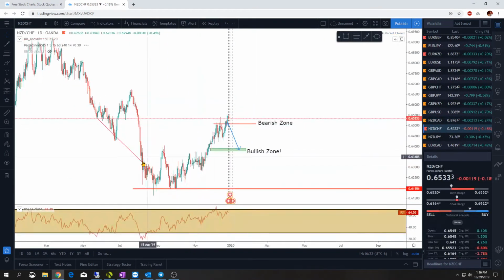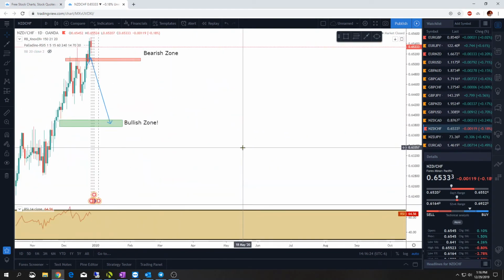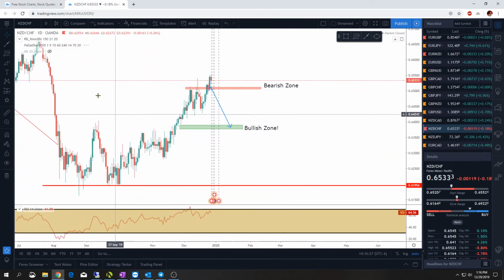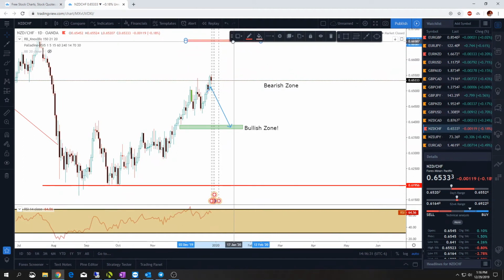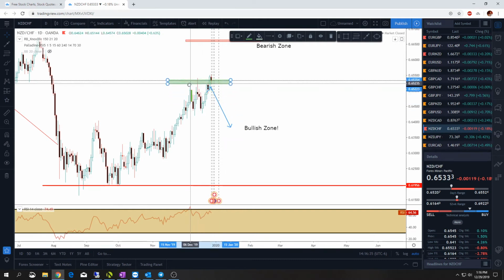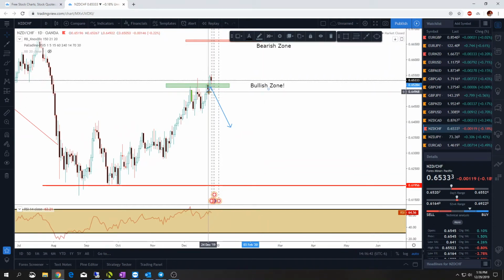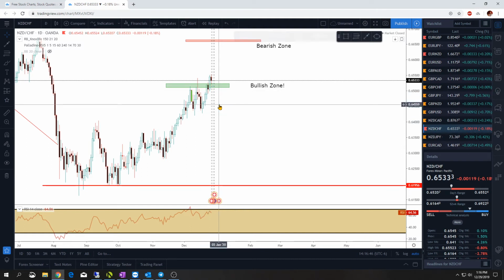New Zealand dollar, Swiss franc, kind of the exact same thing. However, we're not so bullish there, and maybe we're already in that pullback, that retest, and it might just launch from here. You can see I was completely wrong last week with this turnaround point, but now we had a break of that resistance, we didn't break that one.